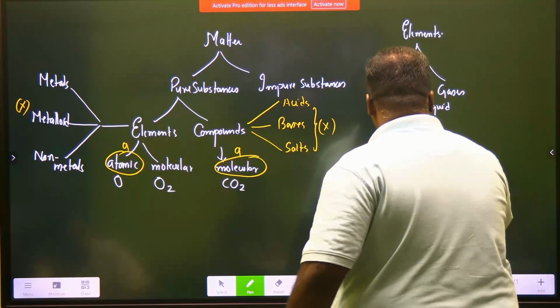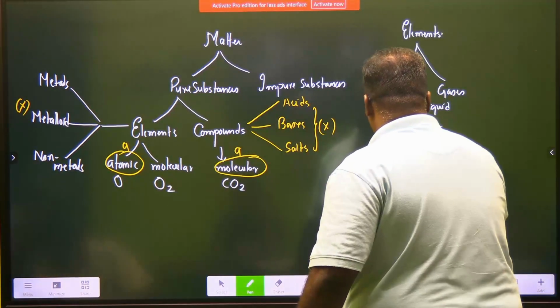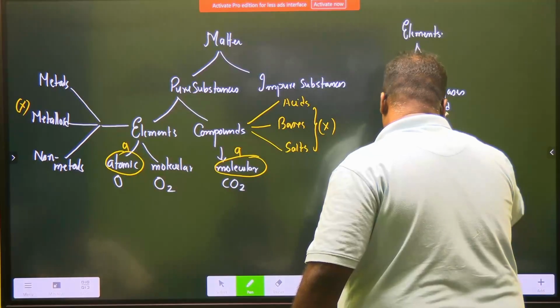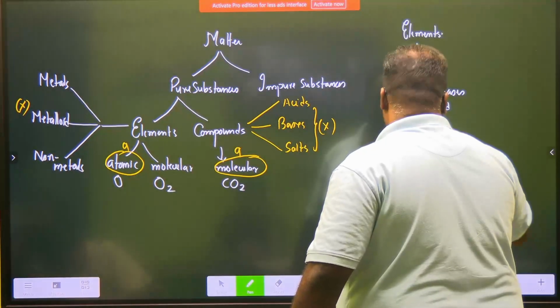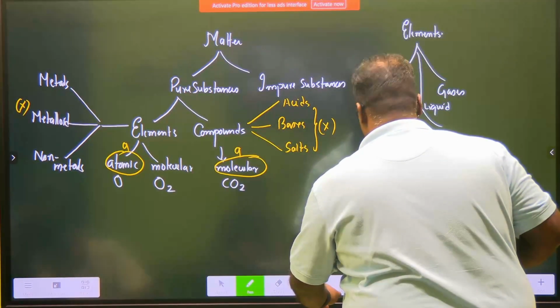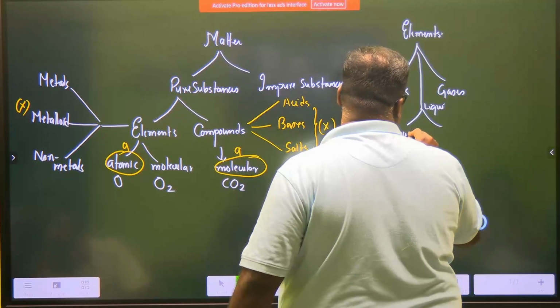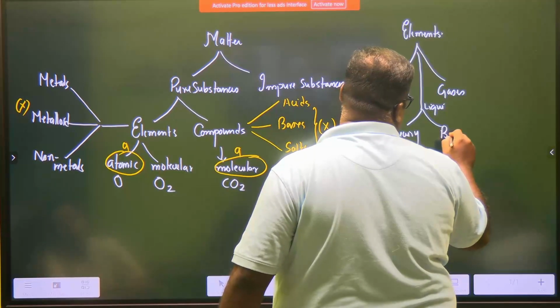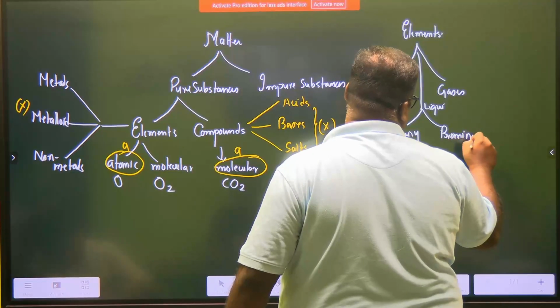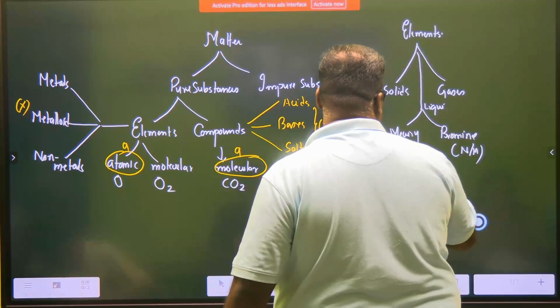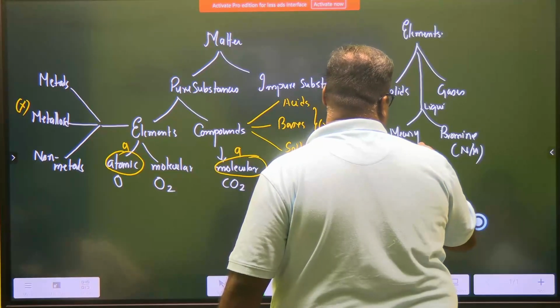If you are in the metal category, we have mercury, and in non-metals we have bromine. Remember these two. Bromine is a non-metal, which is usually a gas, and mercury is a metal.